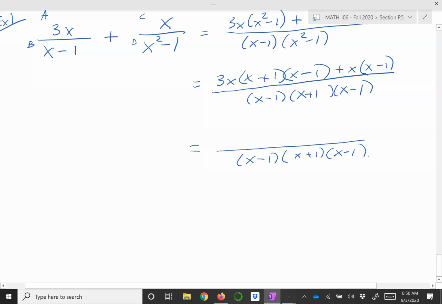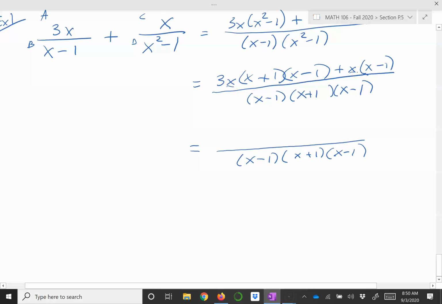Can I factor anything else in the numerator? Because I have two terms. I have this 3x term with the x plus 1s and x minus 1s, and then a plus x minus 1. So is there a GCF between those two terms? I can't take a 3 out, but can I take this x that's sitting here out?